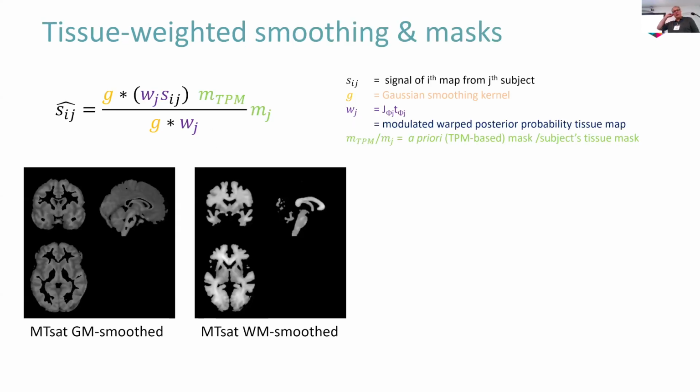So the tissue-weighted smoothing, the idea is that we are taking the original map, but we smooth it either specifically for gray matter or for white matter. So we use a Gaussian kernel, but we apply it on the map weighted by the tissue probability.